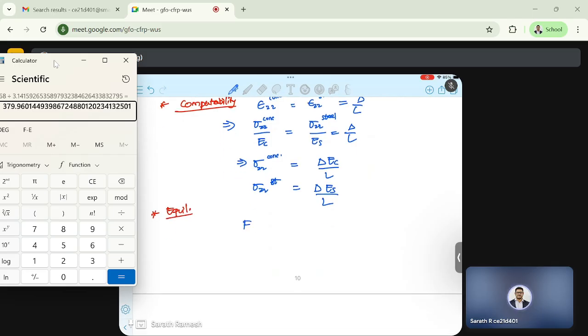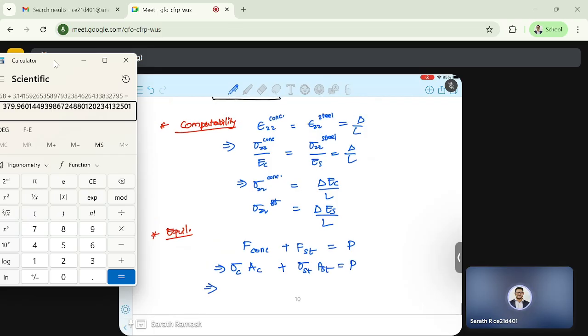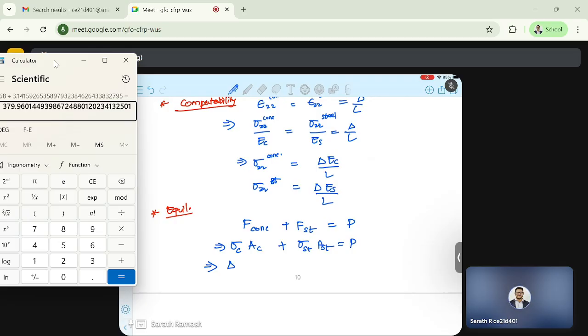So F concrete plus F steel will be equal to the total load P. So load is equal to stress of concrete times area of concrete plus stress of steel times area of steel, equal to P. Let's substitute: delta E_C by L times A_C plus delta E_S by L times A_S equal to P.